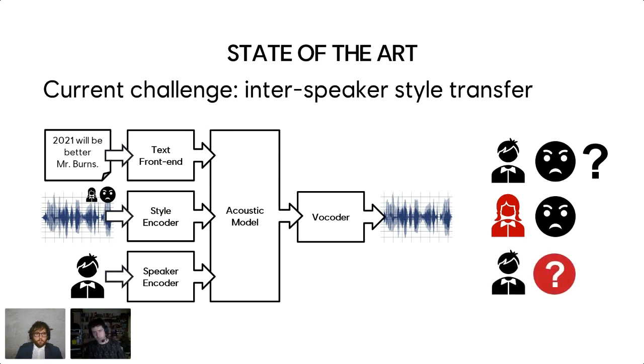And what might also happen is that if you constrain the style encoder too much, the style is going to be disregarded, and then you're going to get whatever style the model decides to speak with, with the right identity. So this is a very big research question: how do you separate these two encoders, and how do you make sure that everyone is doing their job and only their job?